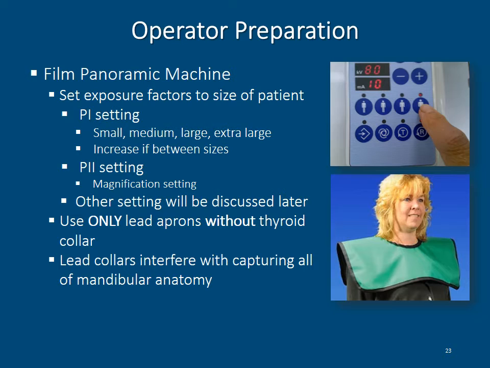P2 is for magnification, and you will not want to use this setting when exposing a panoramic unless there's a particular reason for wanting to look at the radiograph in that manner. Other settings will be discussed later. You will also only use a lead apron without a thyroid collar, because lead collars interfere with the capturing of all the mandibular anatomy, therefore they're not used in panoramics.